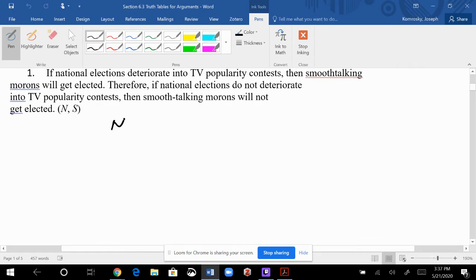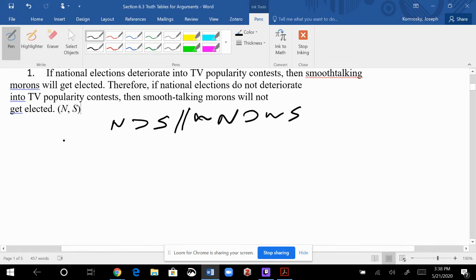Let's just say if national elections deteriorate, we'll use N there for S, and then we'll say if national elections deteriorate, then therefore, if national elections do not deteriorate, so we have a therefore. National elections do not deteriorate, so not N, then smooth talking will not get elected. So like that.